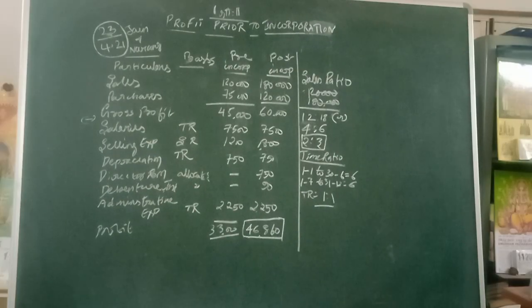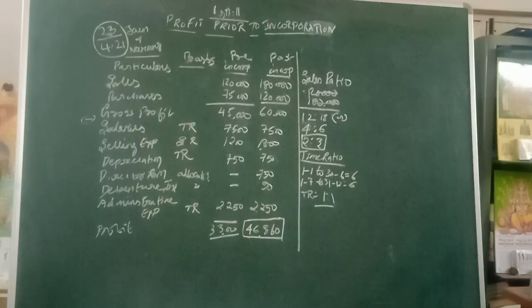This is point number 1. And point number 2, various direct expenses are given. Okay, so the first step, we have to calculate the sales ratio. In the problem itself we are given the sales for two periods, pre-incorporation period and post-incorporation period, 1,20,000 and 1,80,000 for the post.